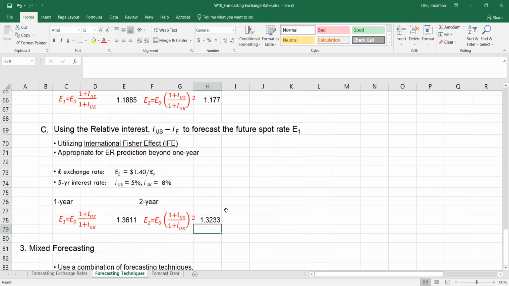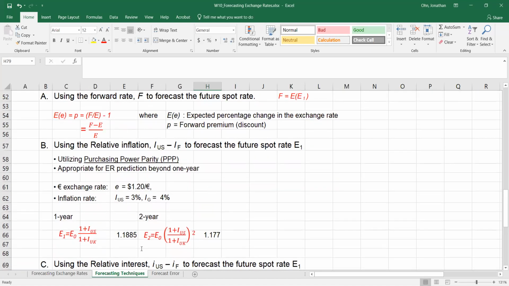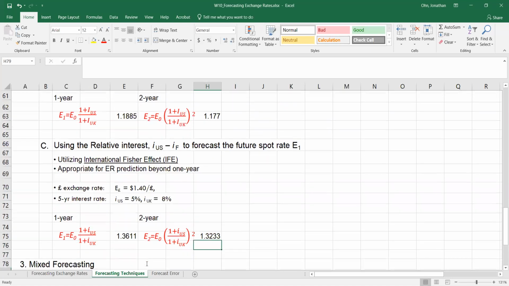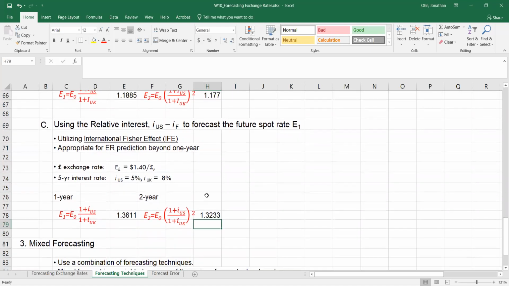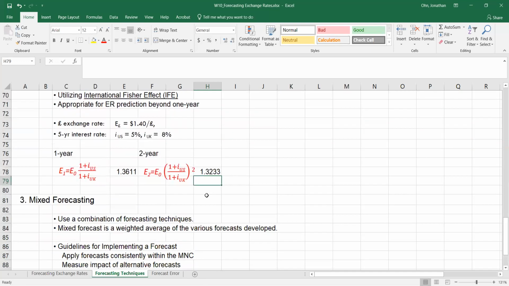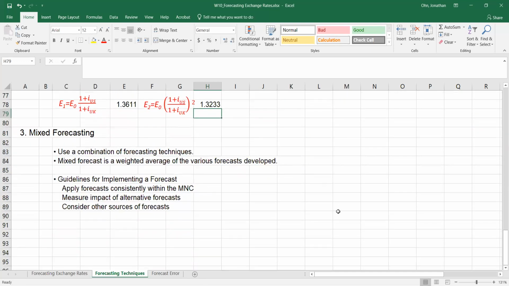Okay, and then this model that we used was what? The market equilibrium or parity condition. Mixed forecasting is the combination of these two forecasting techniques. So they come up with their different forecasts of the value, and then you can get some kind of weighted average of those multiple forecasts.